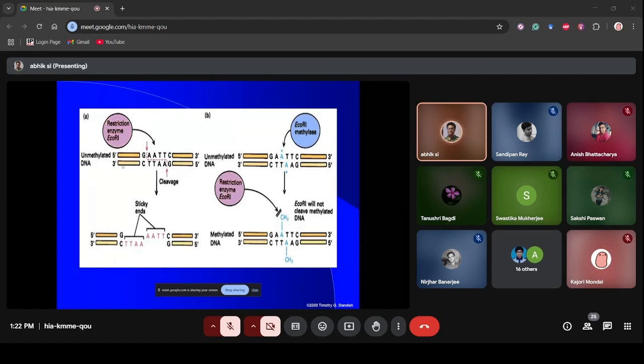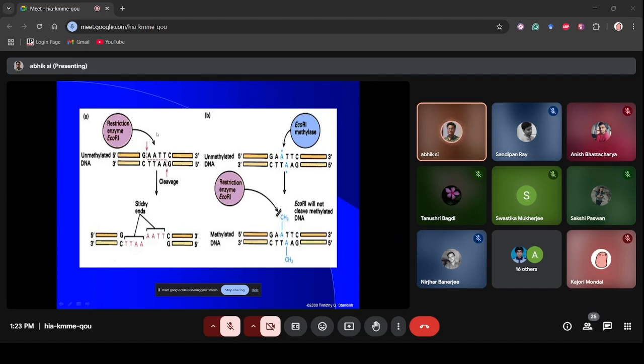Before the sequence GAATTC, on the left side there are thousands of nucleotides, and on the right side there are thousands of nucleotides. If, out of these thousands of nucleotides, there is a particular 6 bp sequence, GAATTC, then only one particular restriction endonuclease acts.